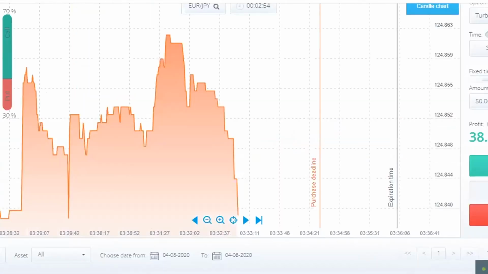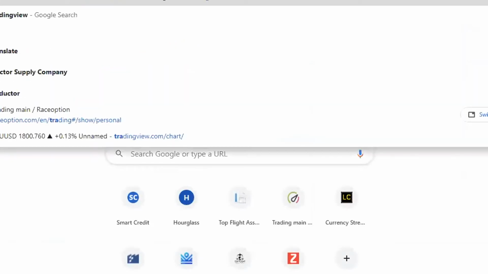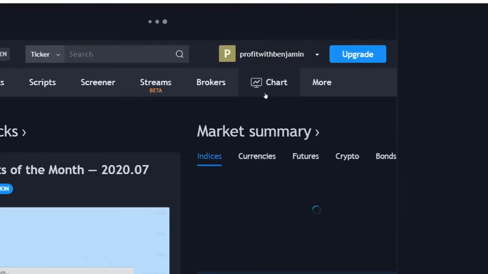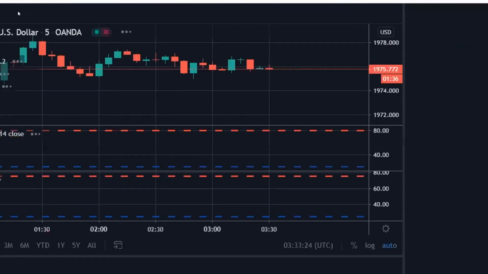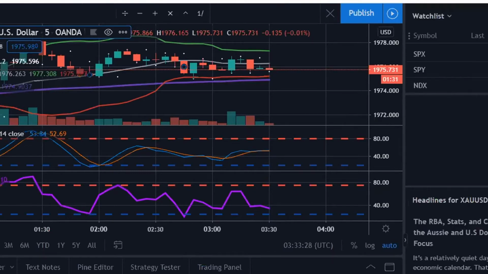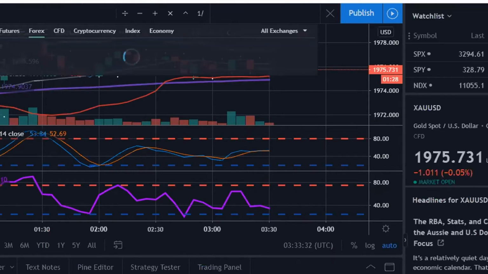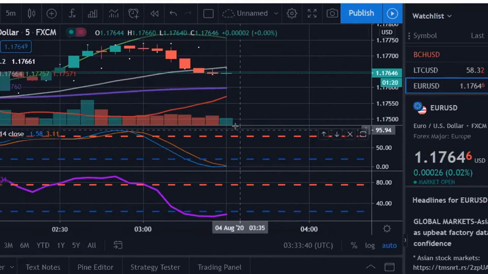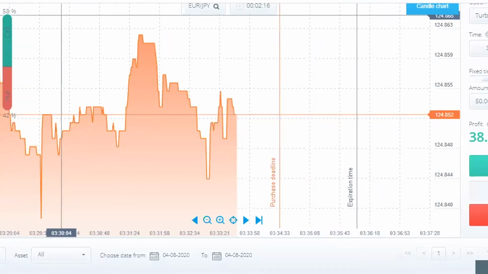The euro has been stronger for a while but it's still overall on a downtrend on the hour. Yeah, Euro USD does look like a good setup, honestly. Real good setup.